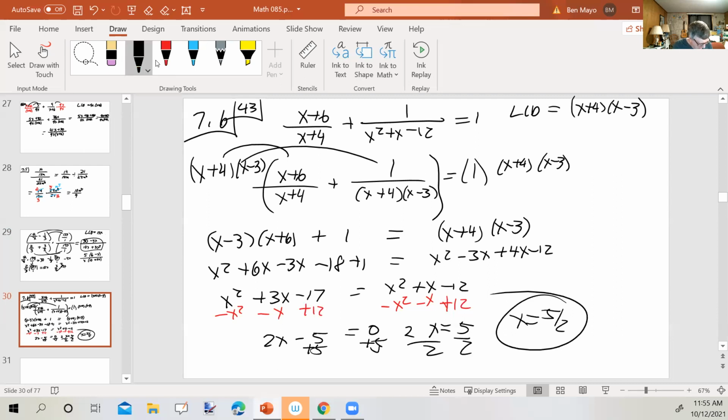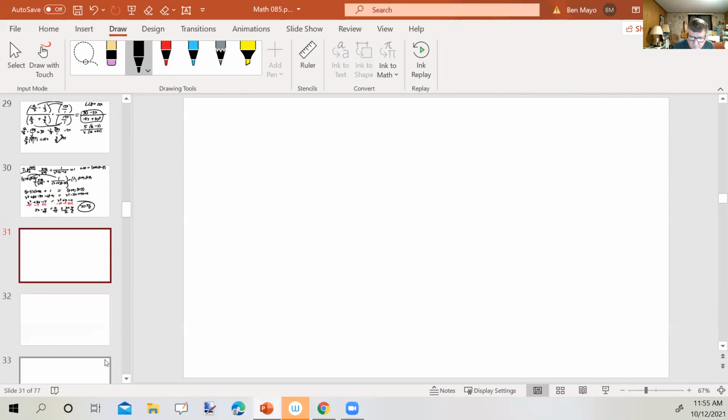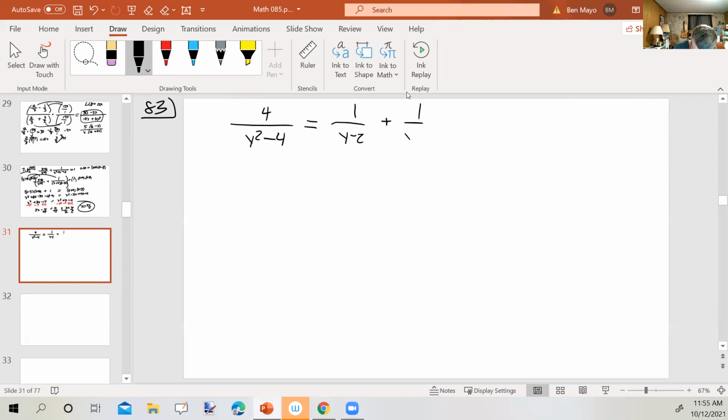Now, let's take a look at another example. This is number 83. 4 over y squared minus 4 equals 1 over y minus 2 plus 1 over y plus 2.